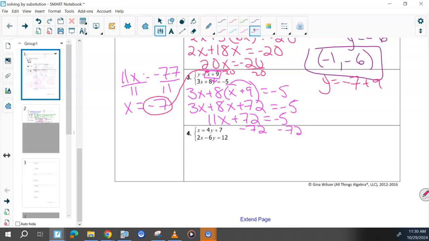What would that y value be? So our ordered pair would be negative 7, 2. Any questions about this so far?